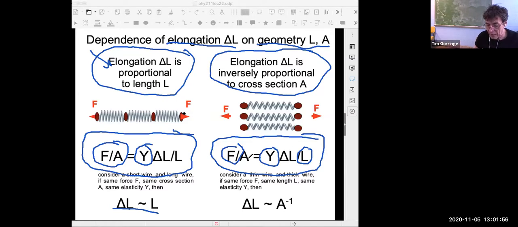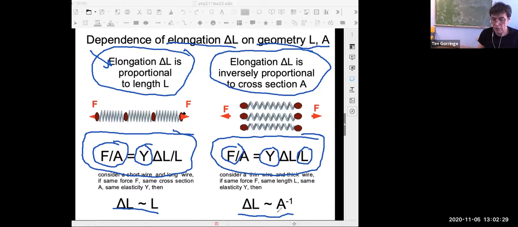What it means is that if the cross-sectional area of the wire is large, it sits in the denominator over here on the left, and it's going to make the elongation, the stretch, small. If the area is small, it's going to make the elongation, the delta L, large. And so we can conclude that the elongation of a wire or a rod or a cable is in inverse proportion to its area.